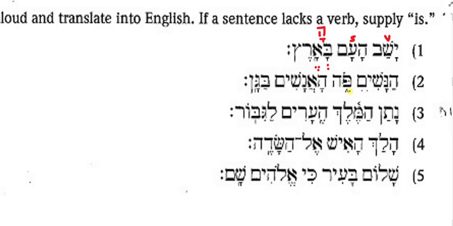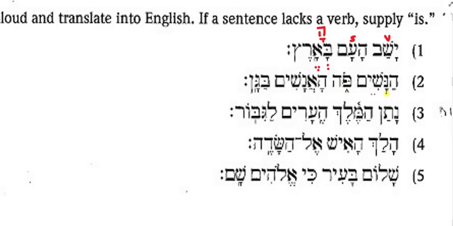Now look at number 2. Have I any verbs in this string of clauses? No. And that means I'm going to have to supply is or are. Me Tarzan, you Jane. So say this with me. Hanashim po. Ha'anashim bagan. Good.